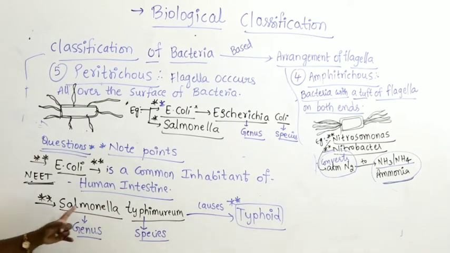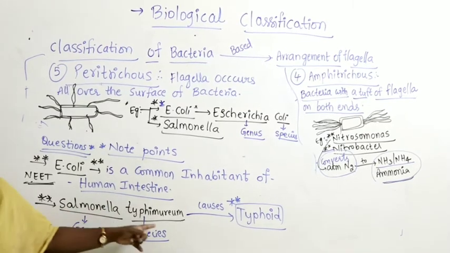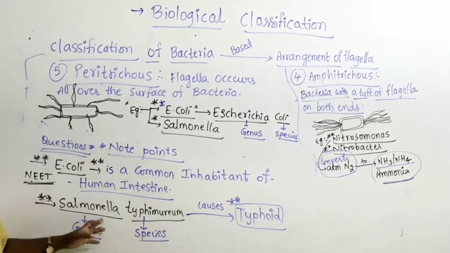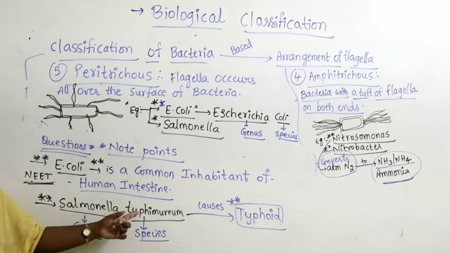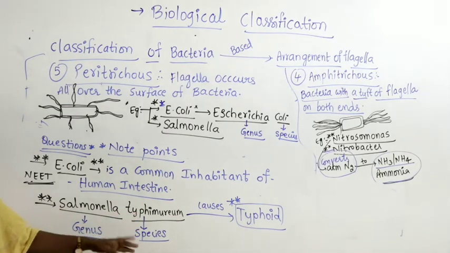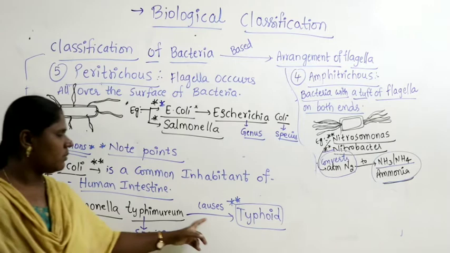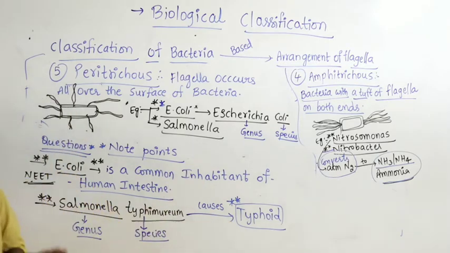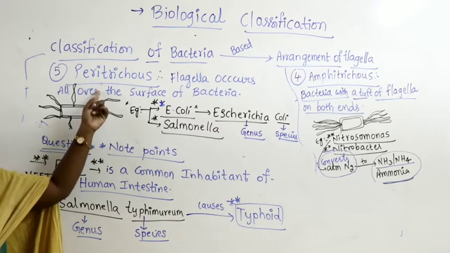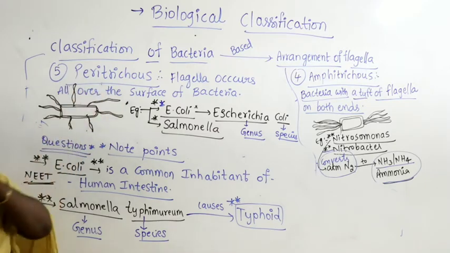So we can take Salmonella typhimurium. Salmonella is the genus name, typhimurium is the species name. Salmonella typhimurium causes the disease called typhoid. Remember, these two come under the category called peritrichous bacteria.